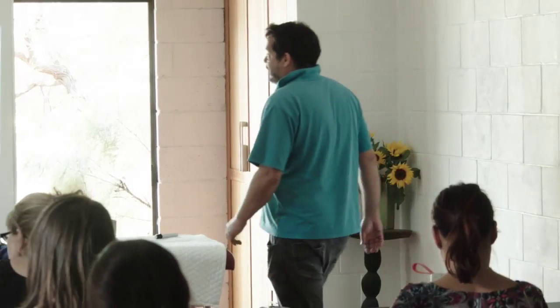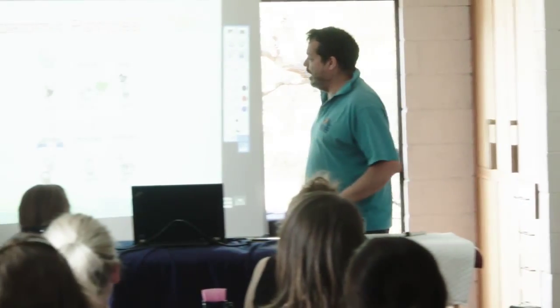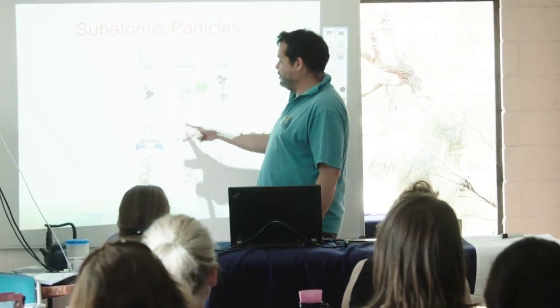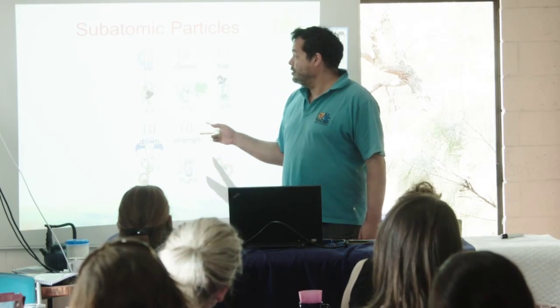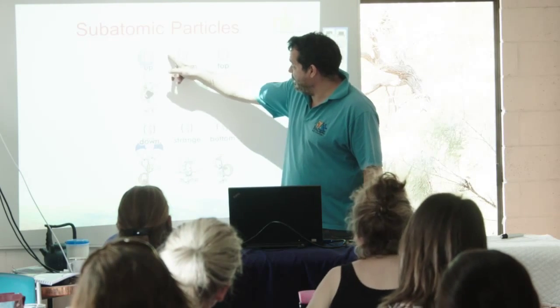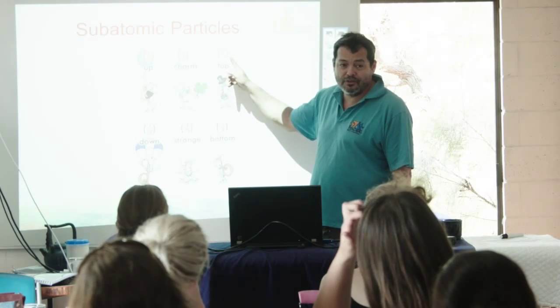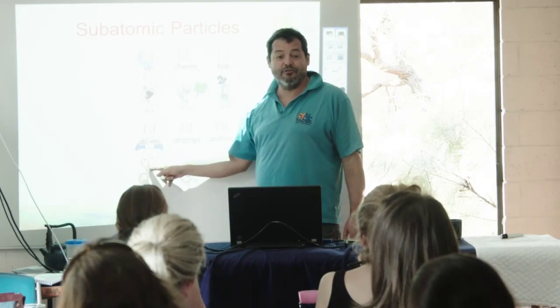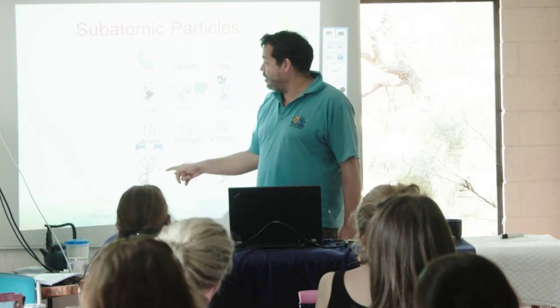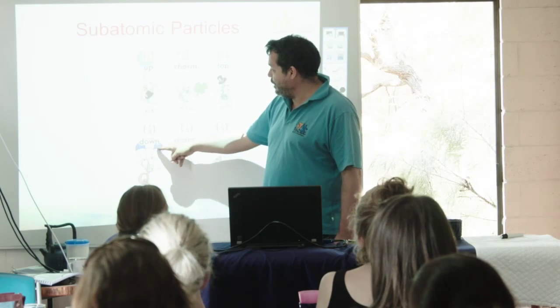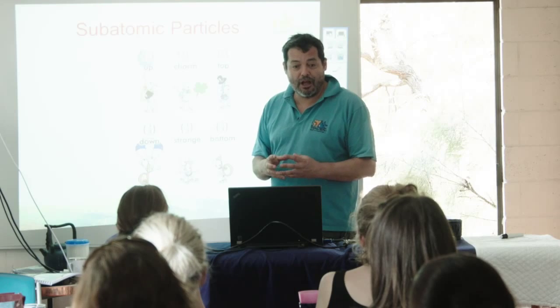But they're real. Up and down are the ones that are stable. You can see this number here is their charge. These have a charge of plus 2/3, and these ones have a charge of minus 1/3. So if you've got 1 up and 2 downs, it's going to have a neutral charge.